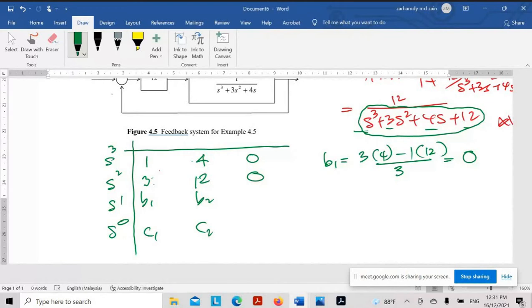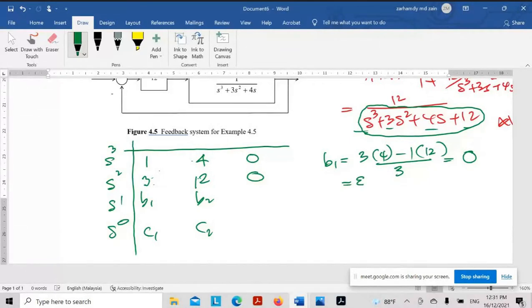Because we do not yet have the value of C1, even though B1 is 0, the original value, we need to assume B1 is epsilon.